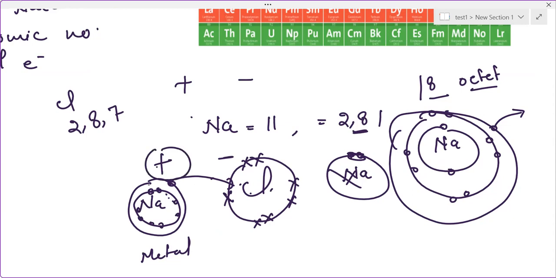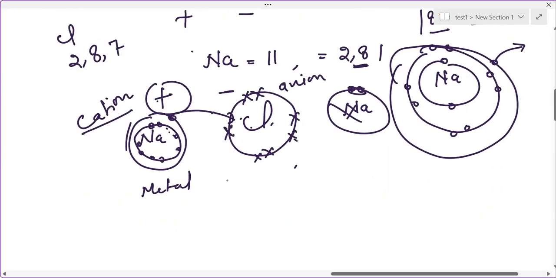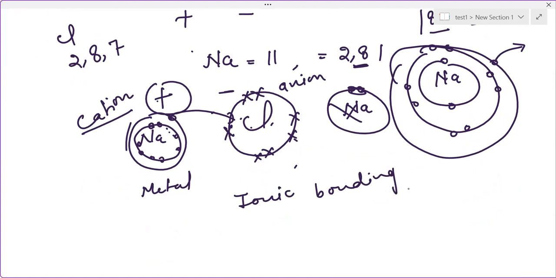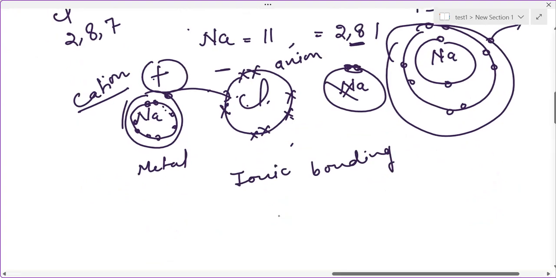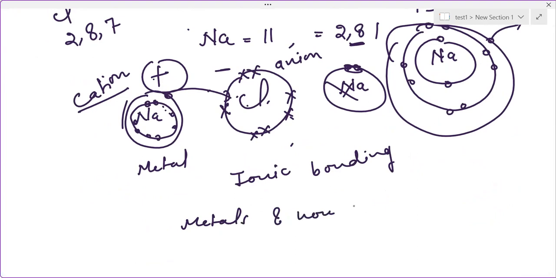This positively charged atom is called a cation. Now it is an ion, and chlorine is also an ion, right? This kind of bonding is called ionic bonding. It occurs between metals and non-metals.